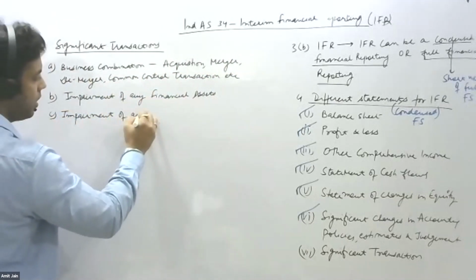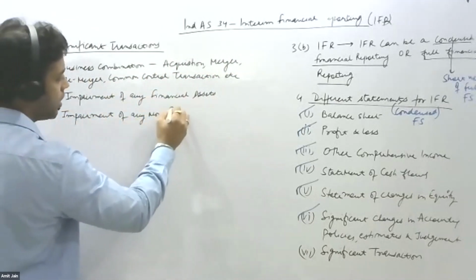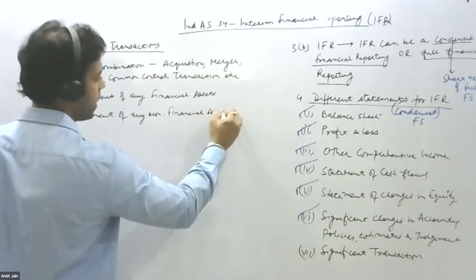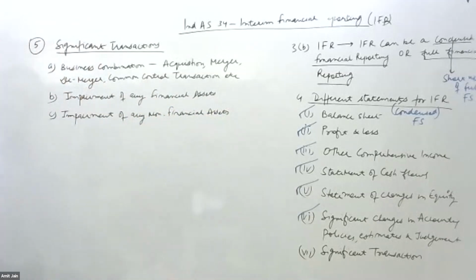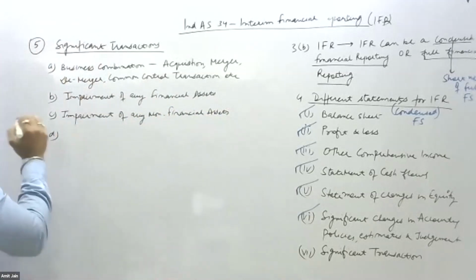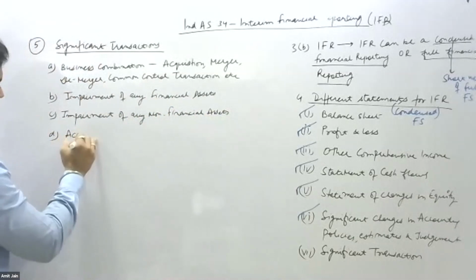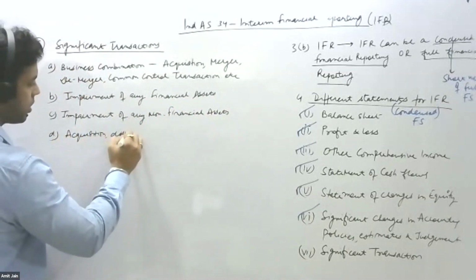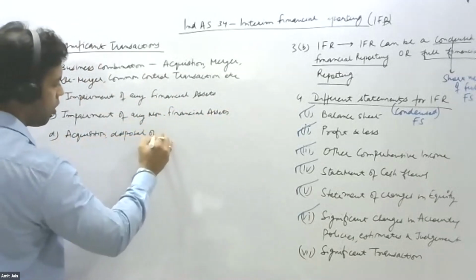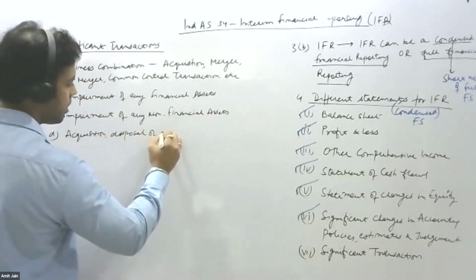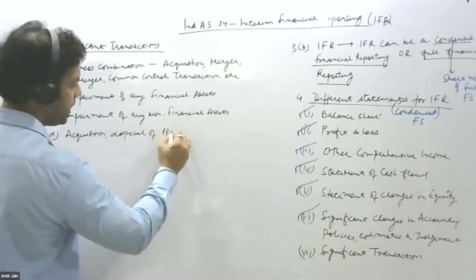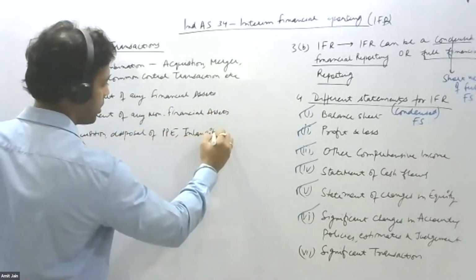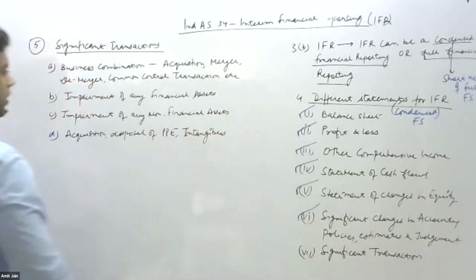Impairment of any non-financial asset, that needs to be disclosed separately, right? What else? Acquisition, disposal of PPE or intangible, right?